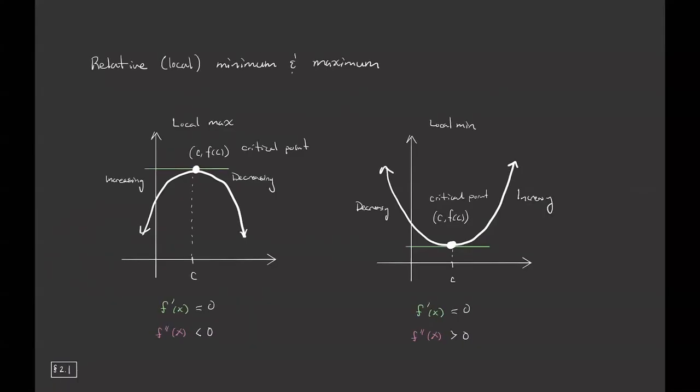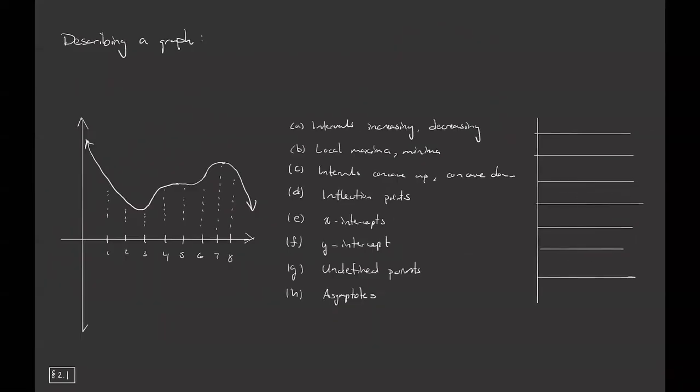All right, now let's put all this together. This is a lot of information, and let's put it all together in one big example. Let's say we want to describe this graph that I've drawn here, and we want to describe it using the language we've been developing over the course of this lesson.